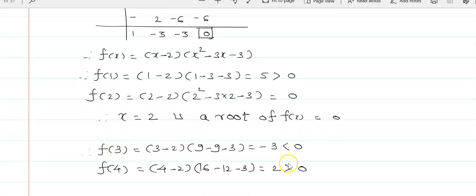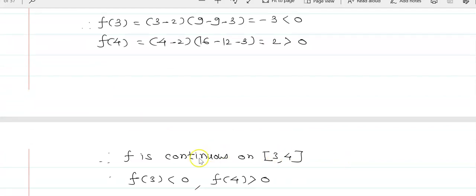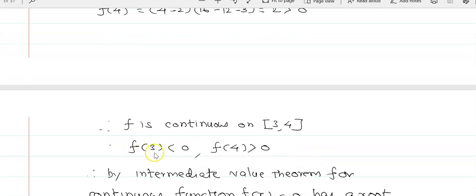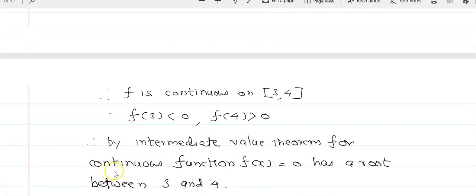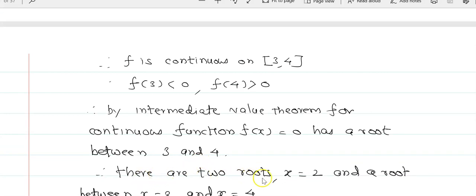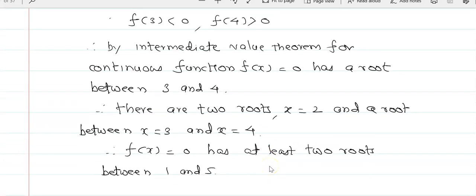Now next, f of 3 is negative, f of 4 is positive. Therefore, f is continuous on closed interval 3 to 4. By the intermediate value theorem, for a continuous function, f of x is 0 has a root between 3 and 4. There are two roots, x is equal to 2 and a root between 3 and 4. Therefore, f of x is equal to 0 has at least two roots between 1 and 5.